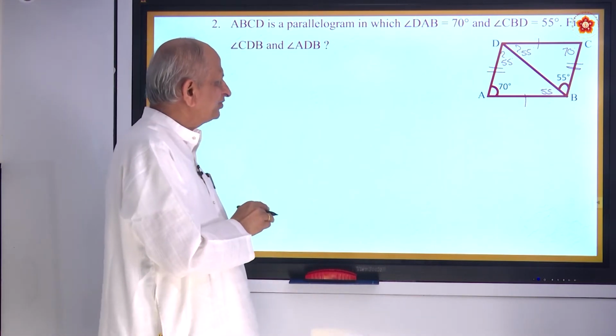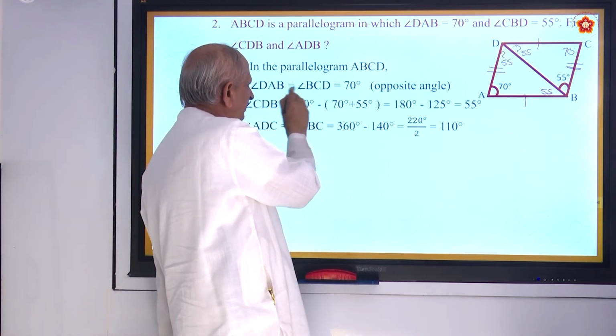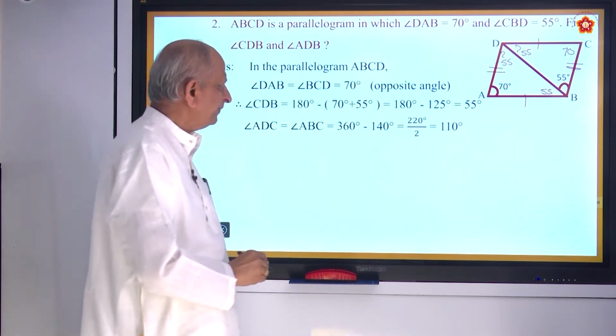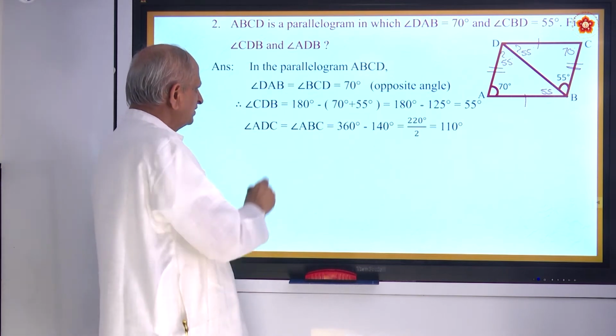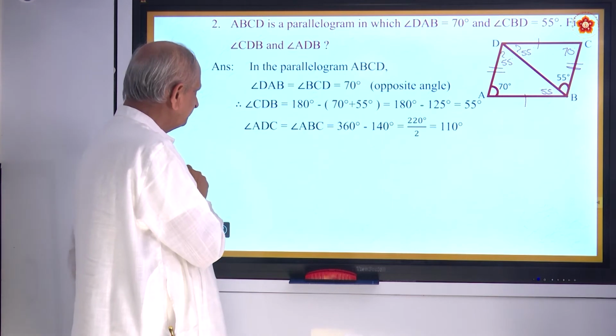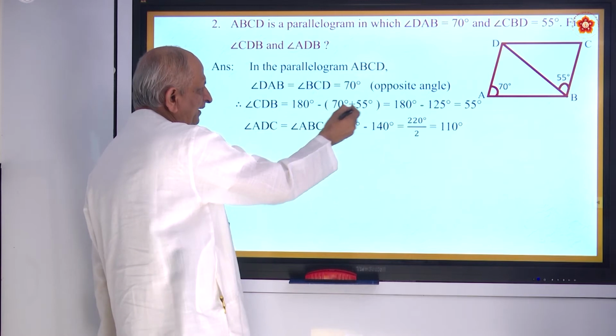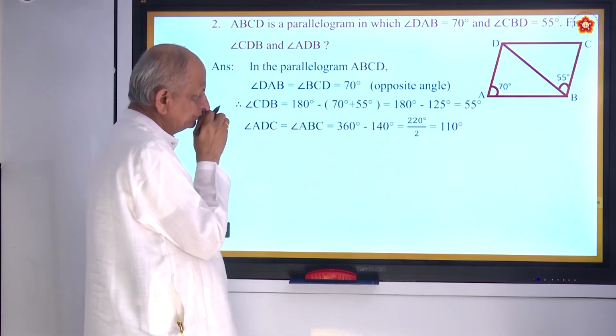Then you must write down the steps. So parallelogram ABCD, DAB is equal to BCD is equal to 70, opposite angles. And now CDB is equal to 180 minus (70 plus 55).